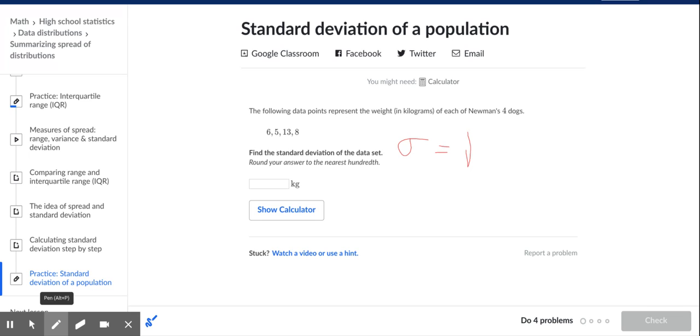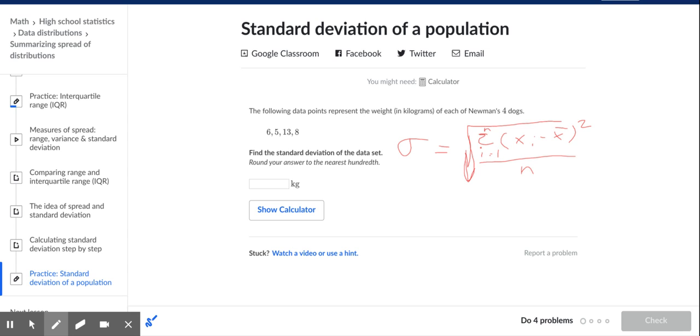So that would be the square root of the sum from i equals 1 to n of (xi minus x bar) squared over n. That n is inside the square root, sorry.